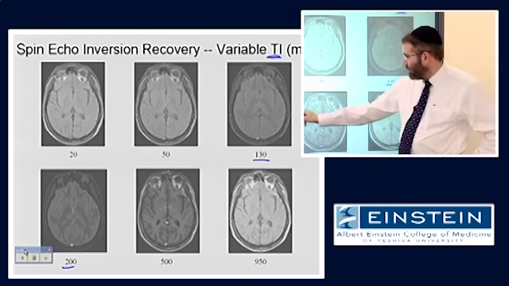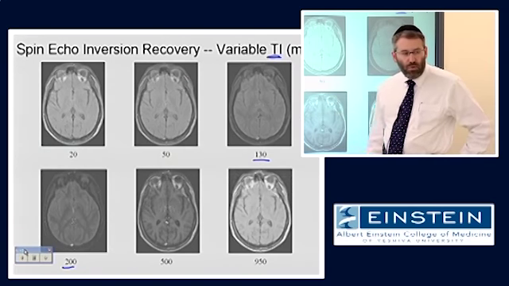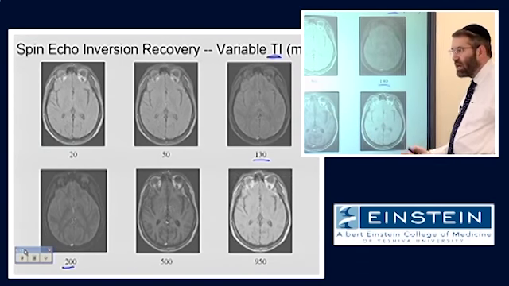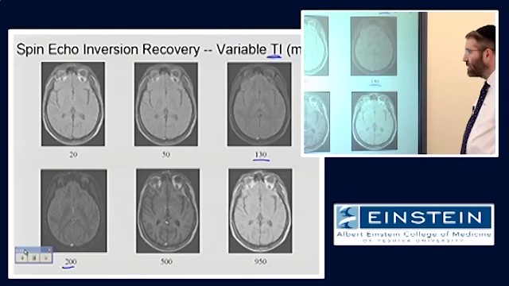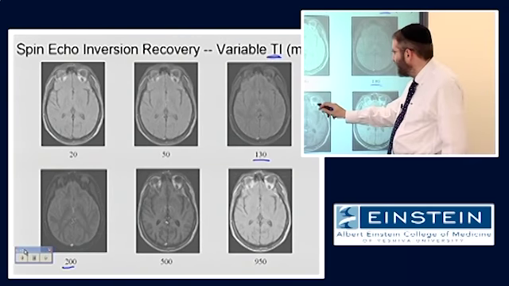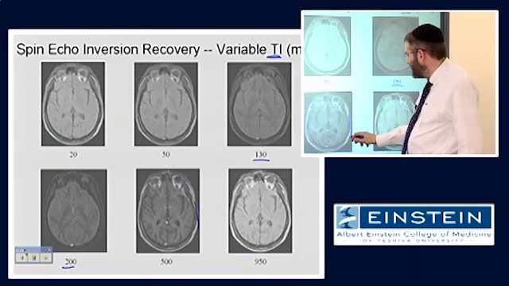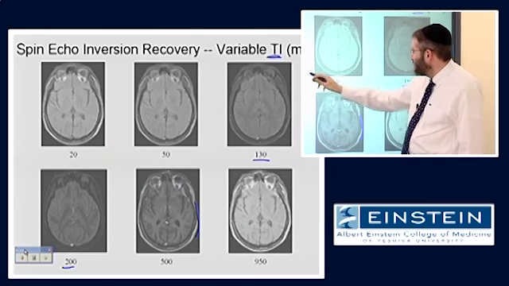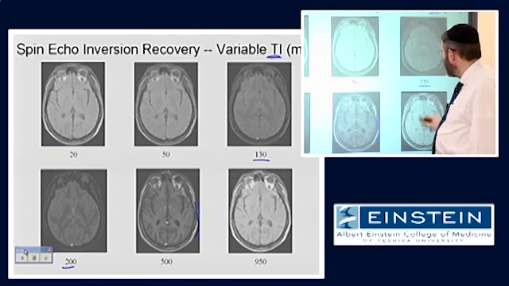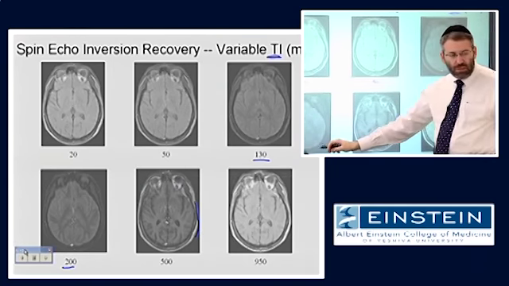That the fat, first of all, in the scalp, in the orbit, drops out. The signal vanishes. All of this white stuff in the orbit, or in the subcutaneous fat, which is present at the shorter and the longer TIs, is being suppressed.